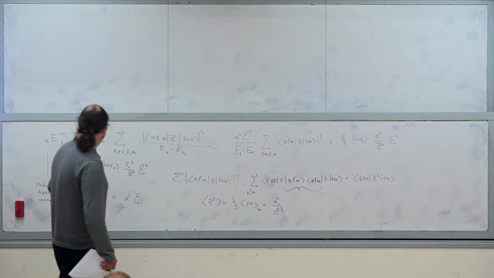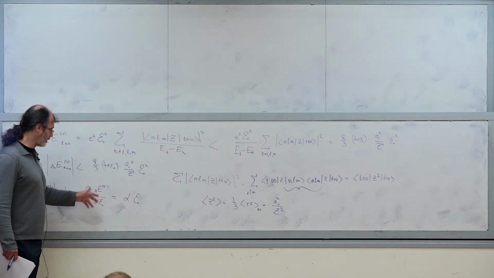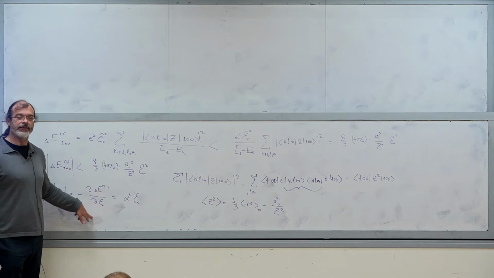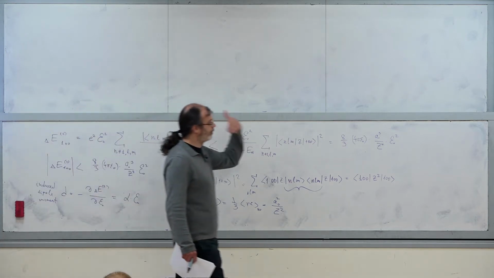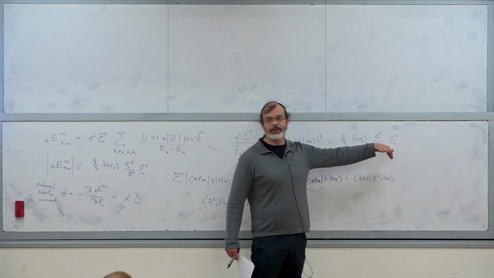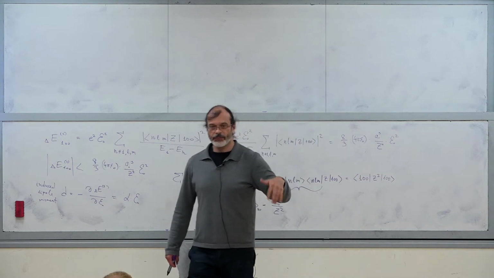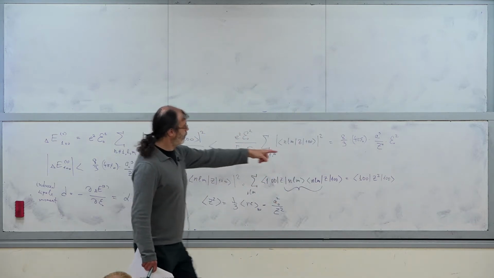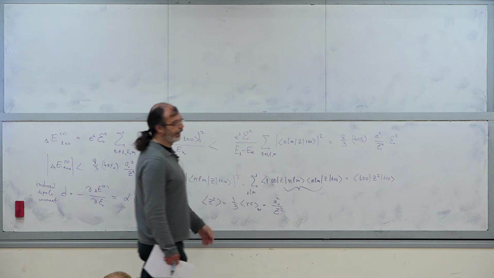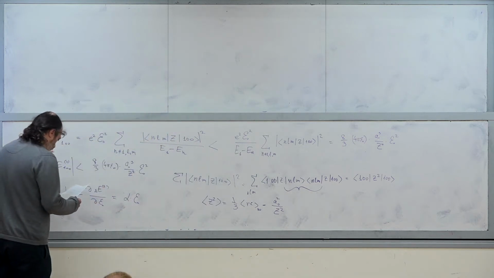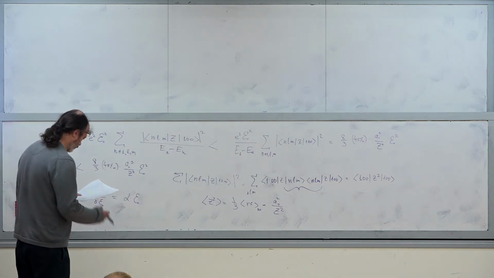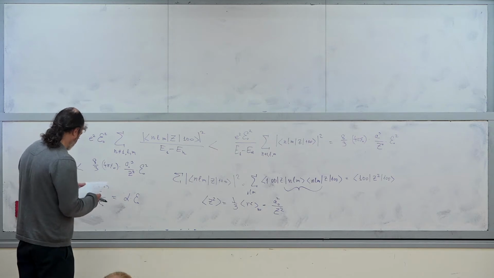Anyway, the only thing that I need from this story is just this derivative. This derivative gives me a factor of 2 that drops down, because I'm taking the derivative of that term. This factor of 2 gives an additional factor of 2 or 1/2, depending on what you exactly define.